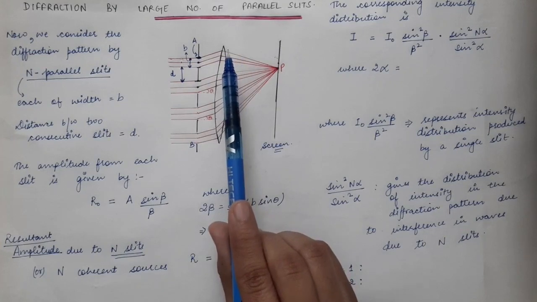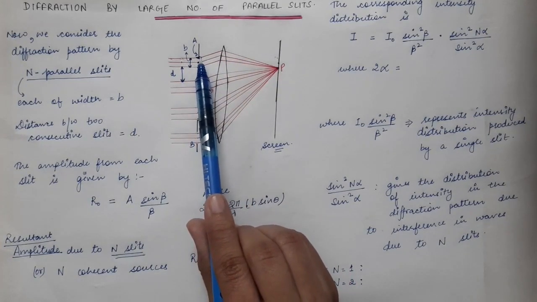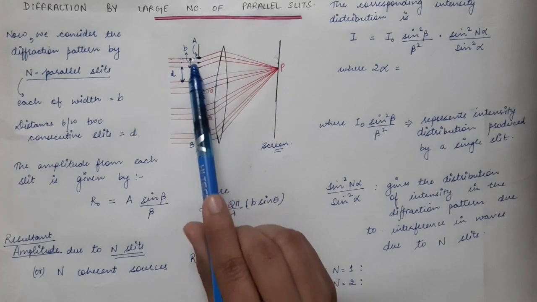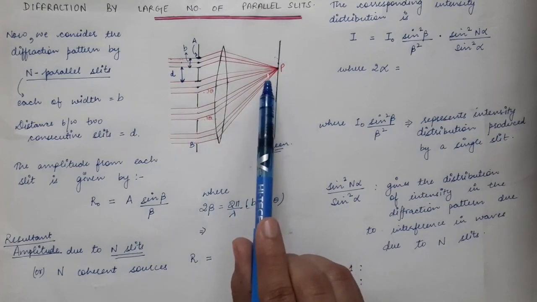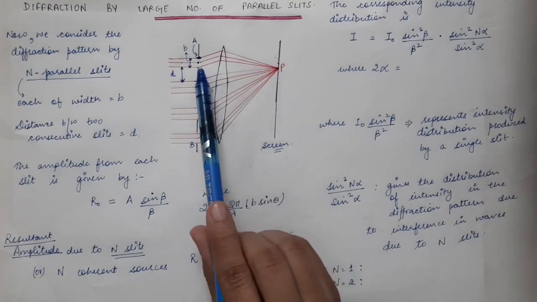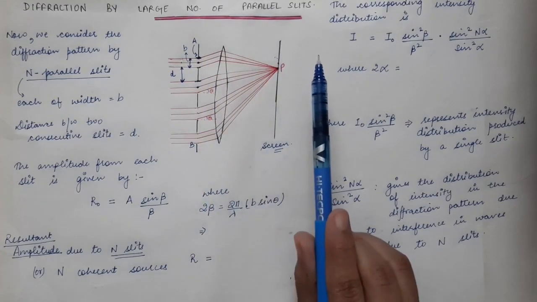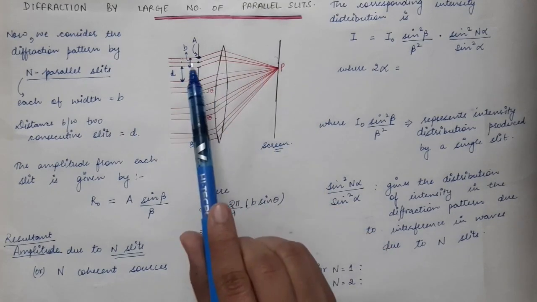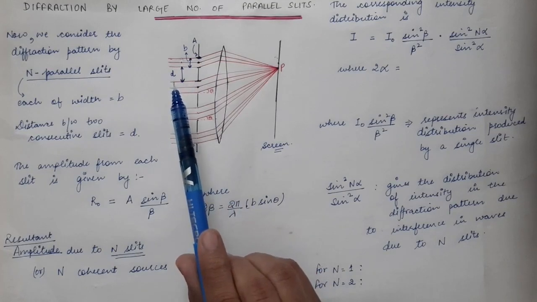Then in the case of double slit, we saw that this slit will cause its diffraction pattern and this slit will also cause its diffraction pattern, and these two patterns will interfere with each other and the resultant pattern is obtained on the screen. That we call the interference of the light from the two slits.